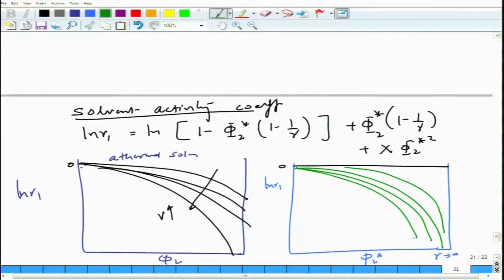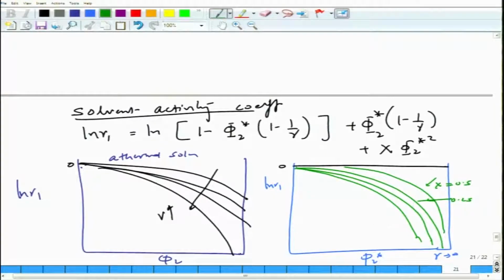It is not perfectly to scale, but the chi in this case is 0.5, and this is reducing here, this is somewhere 0, and then chi can be negative also.